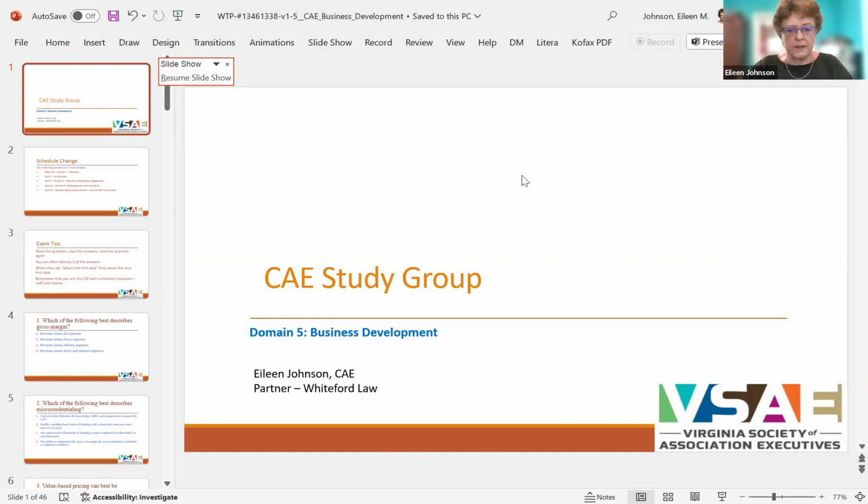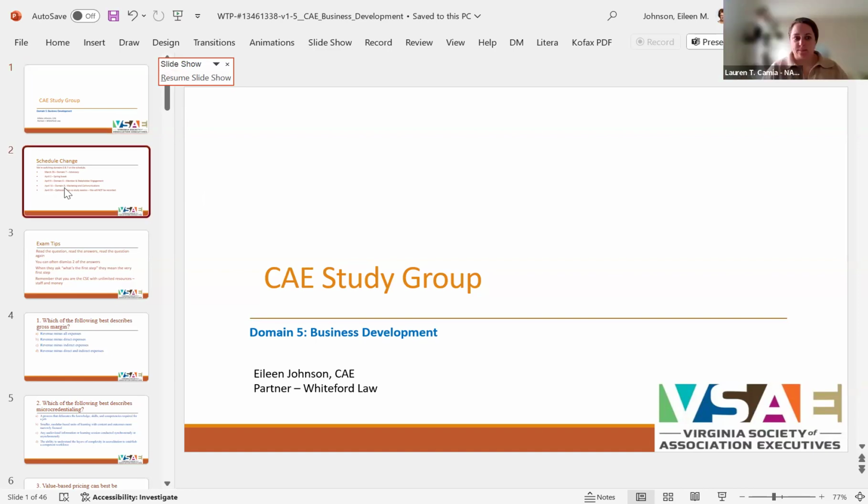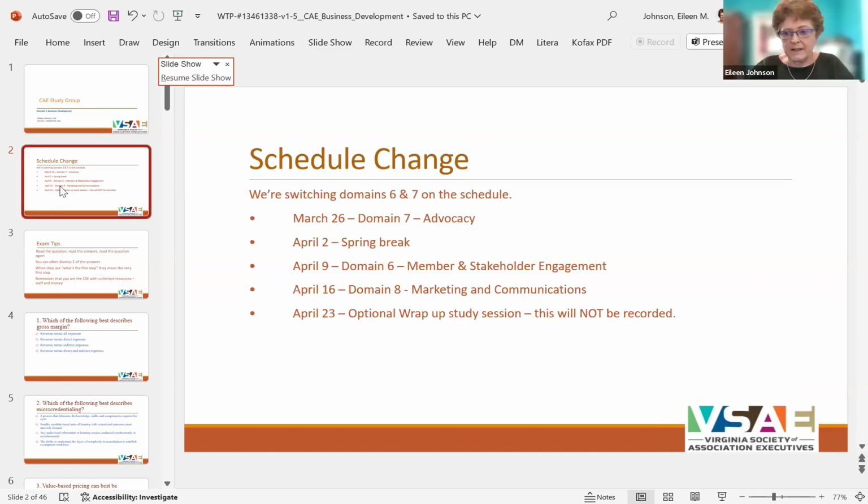Are you seeing the study group slide? Yes, ma'am. How about the schedule change slide? Yep. Okay, we'll just do it this way. Someone in the chat was suggesting you use presenter view. Unless someone can tell me how to change it to presenter view, I'm just going to go with this.